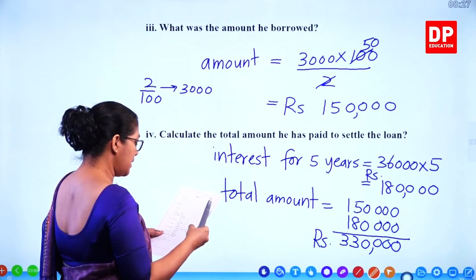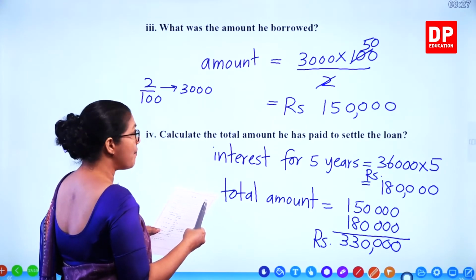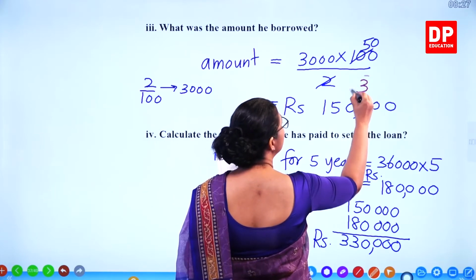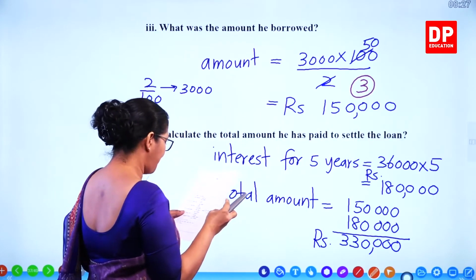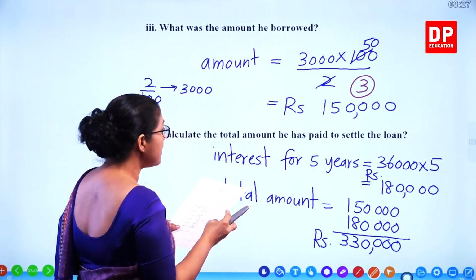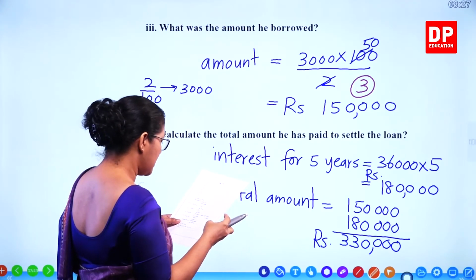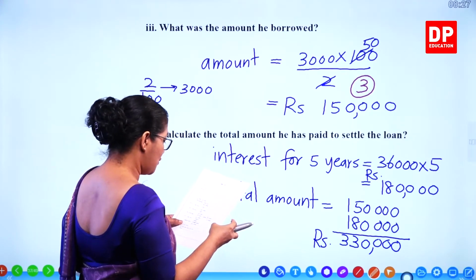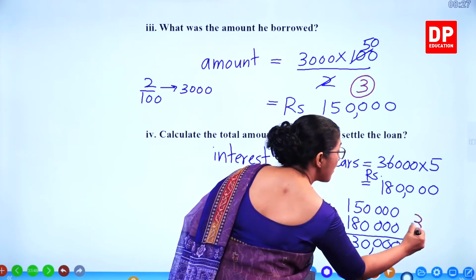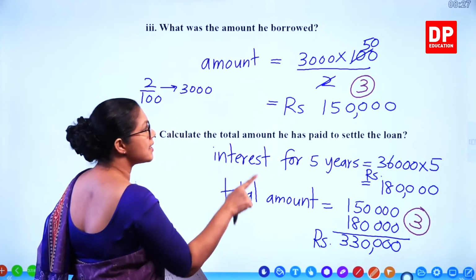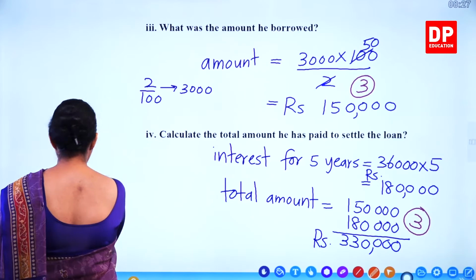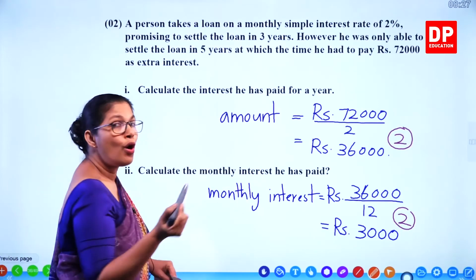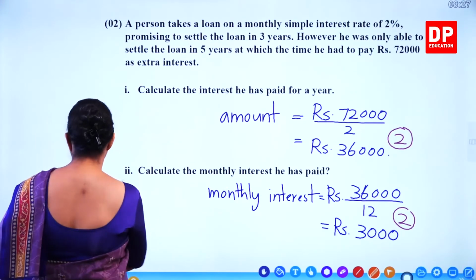So you are getting 3 marks for this step, and 330,000 rupees you get, and 3 marks for that. Now check whether you get all 10 marks. 3 and 3, 6. 6 and 4, 10 marks for this question.